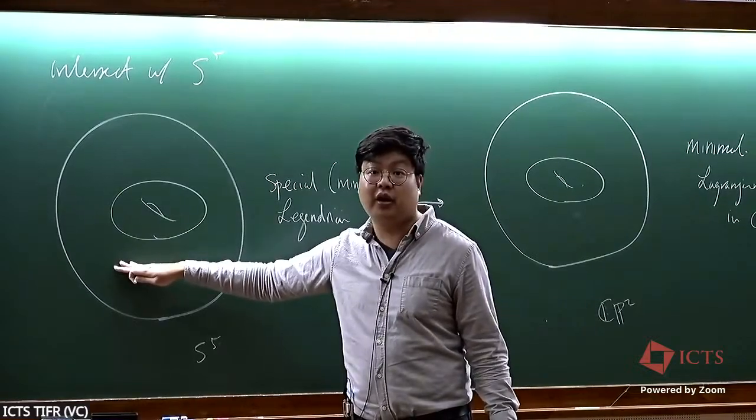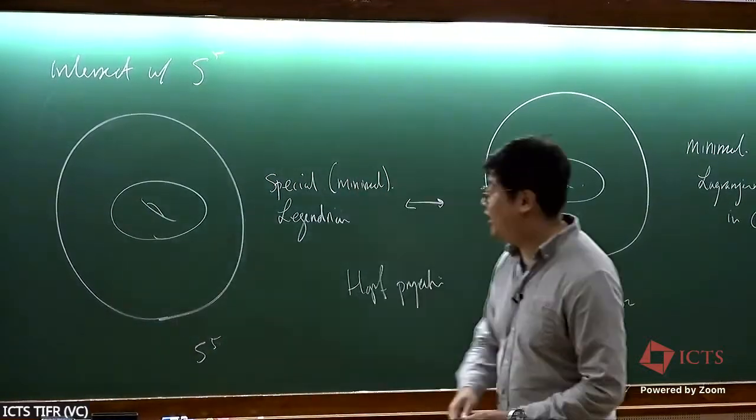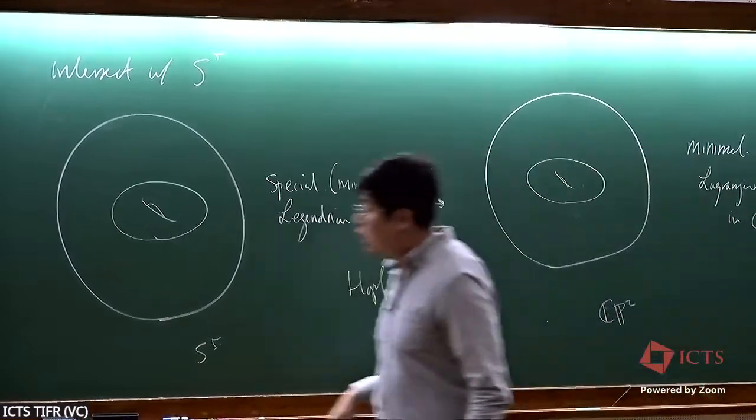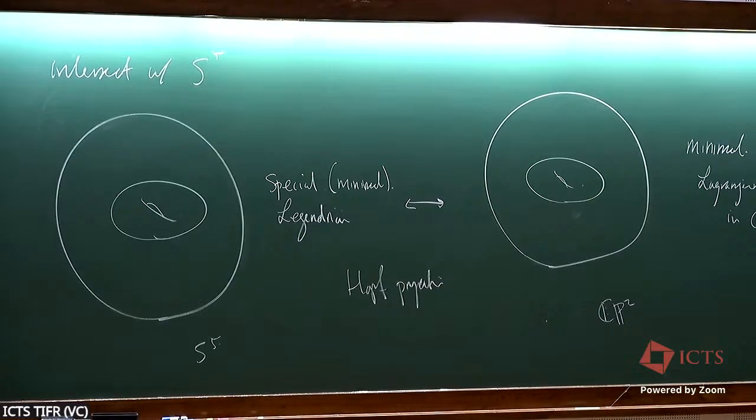The two-sphere in S5 is minimal and Legendrian. Okay, so you can go back and forth. The other example that one sees for CP2 is the Clifford torus. The Clifford torus is a genus 1 example in these lifts.